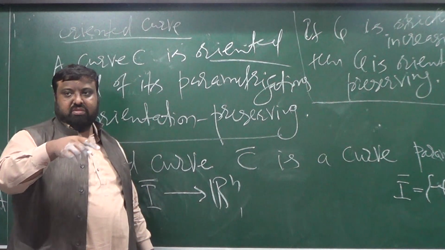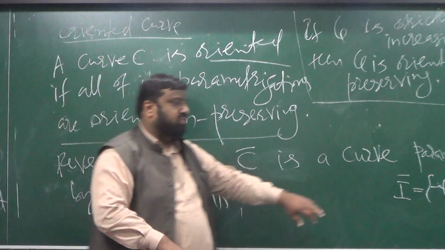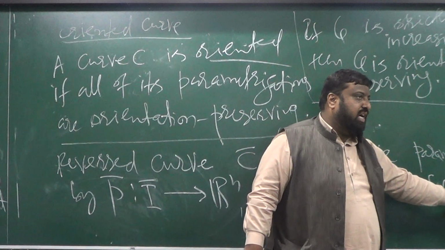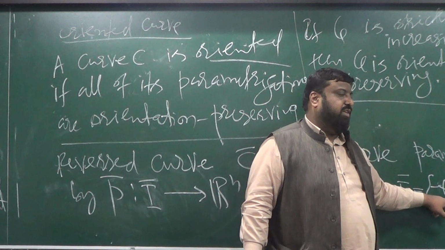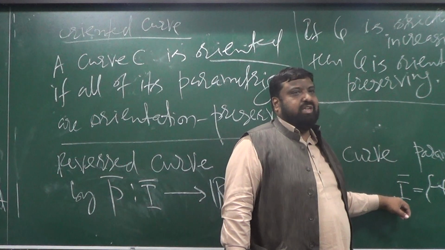The definition tells you to take all points from I and make the additive inverses. So if I have the interval 0 to 2 pi, what would be its reverse? Minus 2 pi to 0.